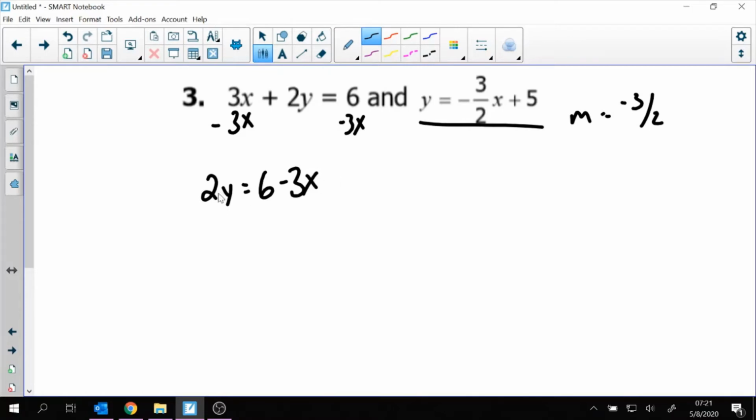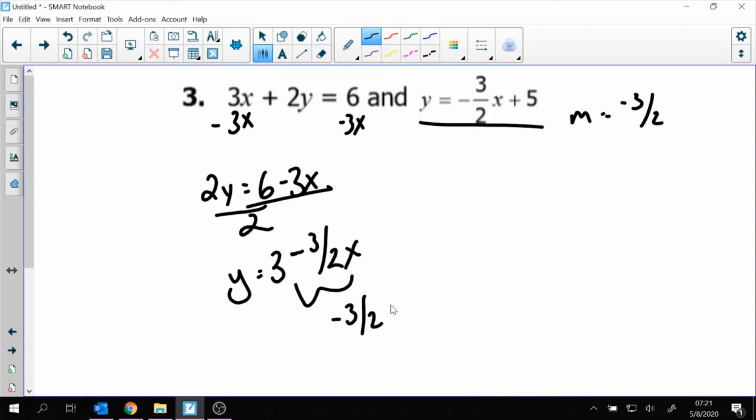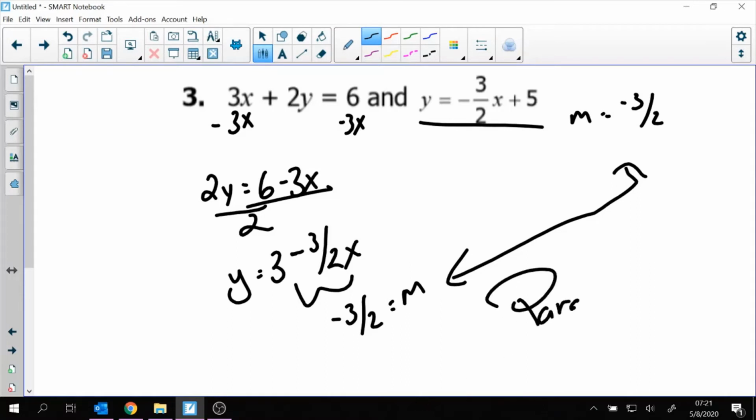Why? If this is multiplication, you want to do the opposite, which is division. Divide both sides by 2, and you get y equals 6 divided by 2 is 3, -3 divided by 2 is -3/2. So notice now our slope for the second one is -3/2. And these two things match, which means they are parallel. Right?